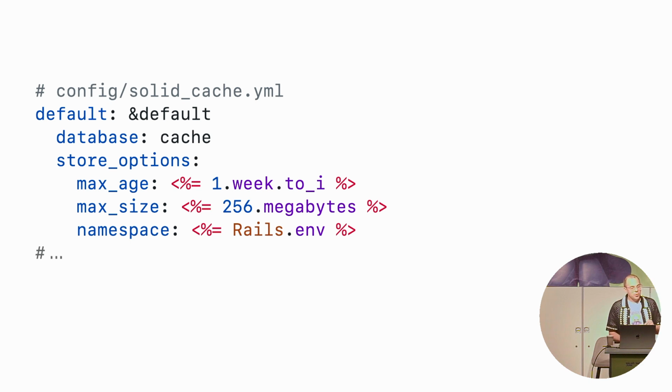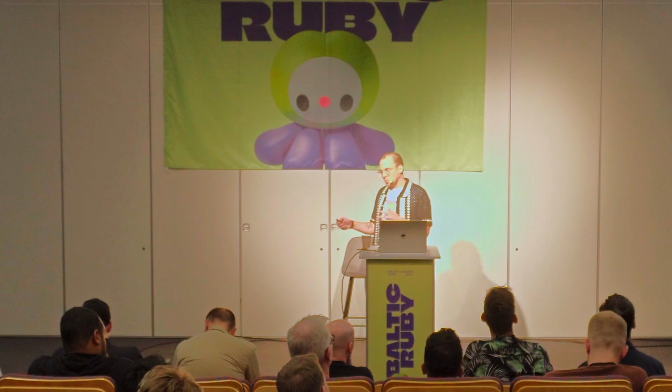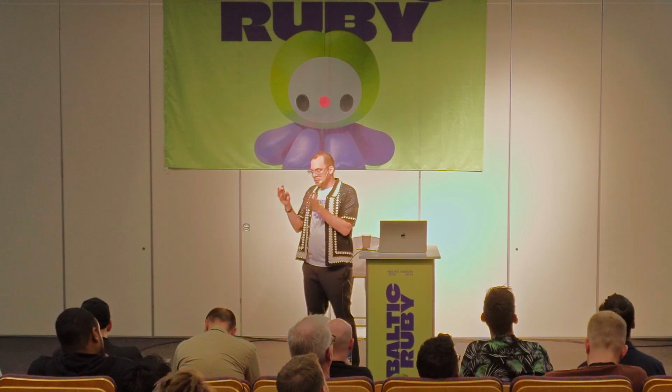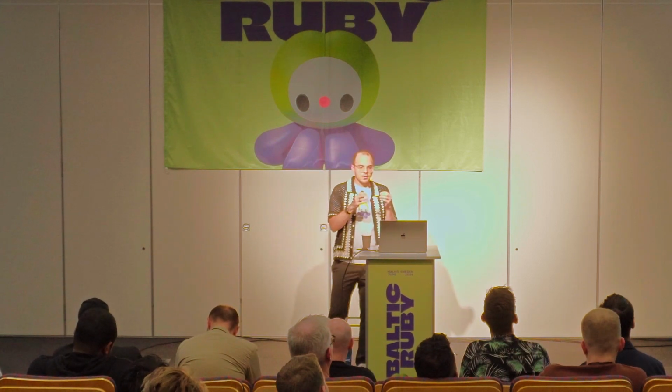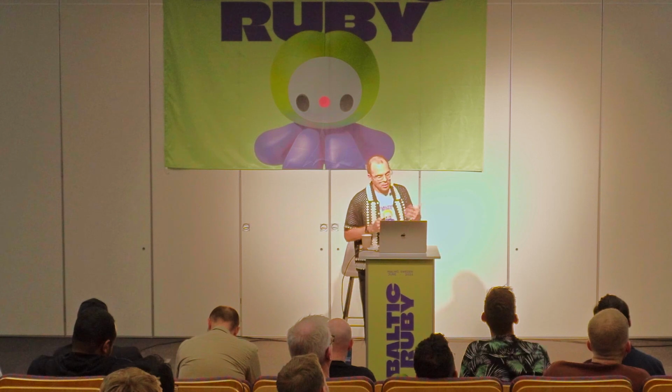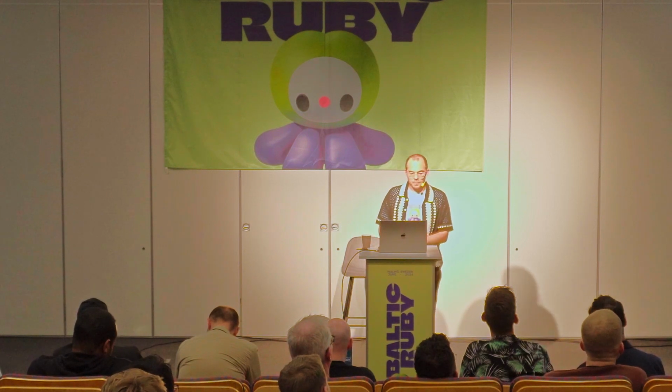But in order to tell the Ruby which database to talk to, this key in the YAML file is important. So this is going to be an edit from what is created for you when you run the install command. So you need to manually go into this file and manually make this change. But those 3 things are done. We've configured the database, migrated the database, pointed Solid Cache to that database. Everything is good to go.